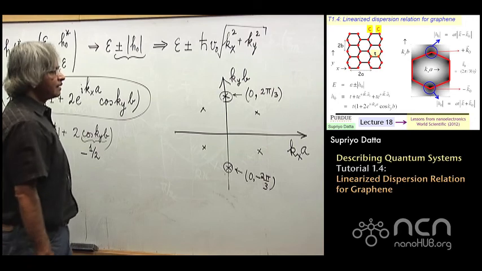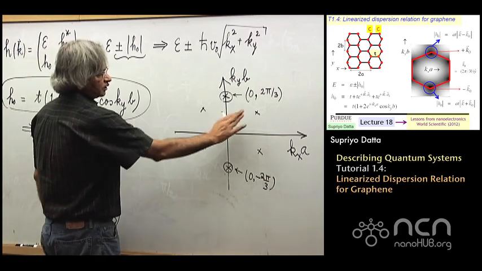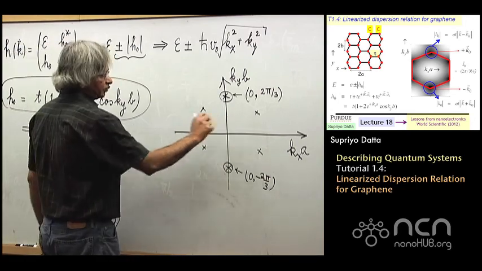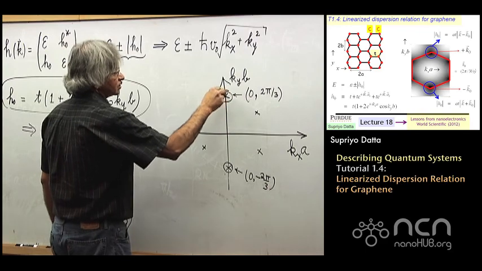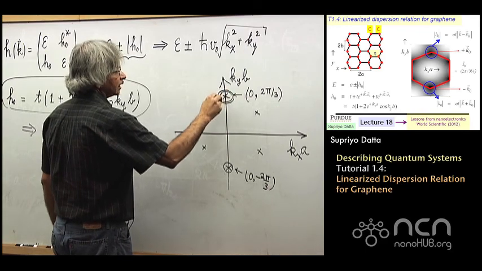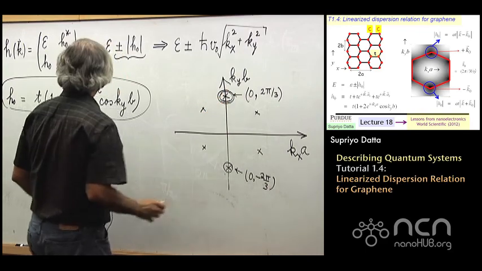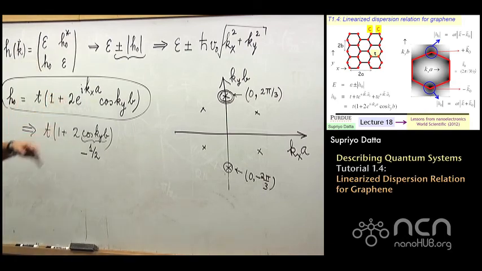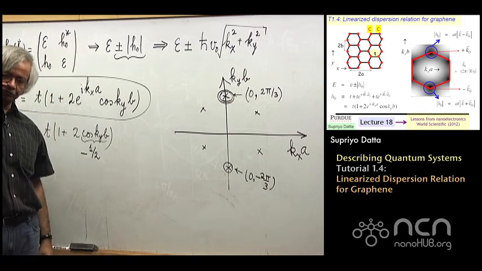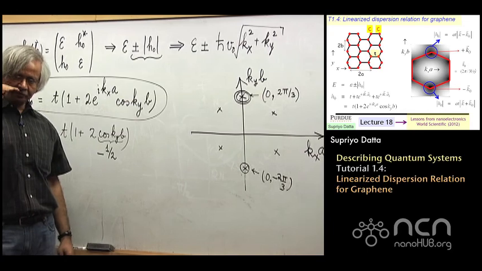Okay. And these other points I'll come back to. But for the moment, let's say we just go to one of these points. This is a point where H0 happens to be 0, so that is at an energy around which your chemical potential is located.